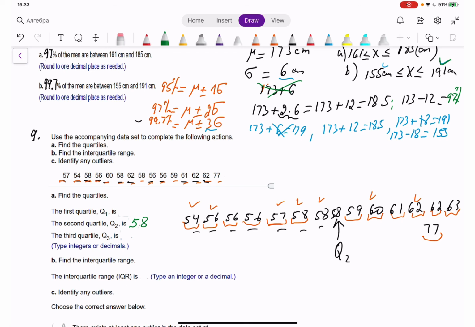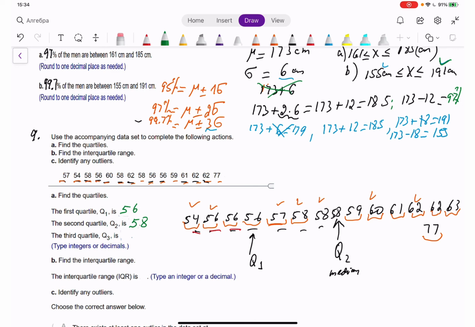Next, the lower half to the left of the median: we have 7, so Q1 is the fourth element, which is going to be 56.